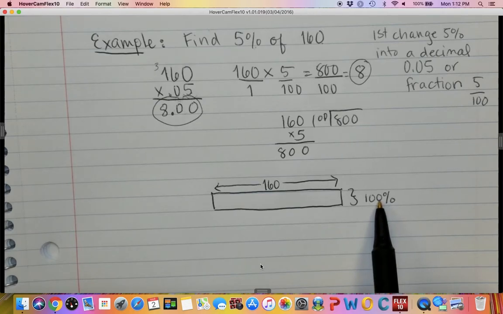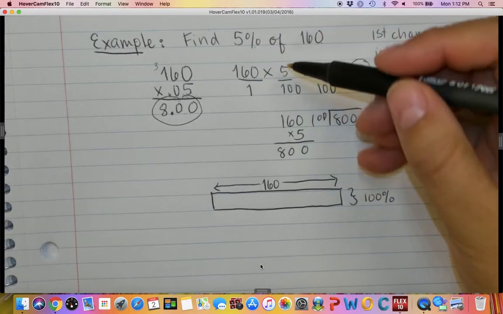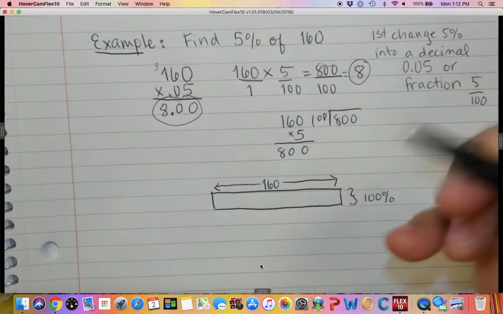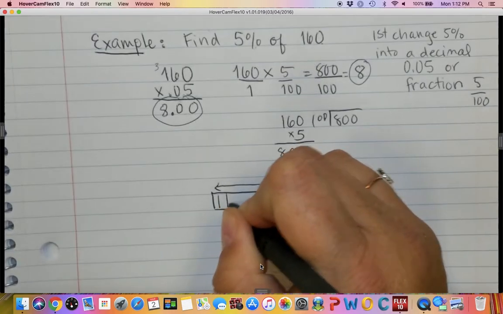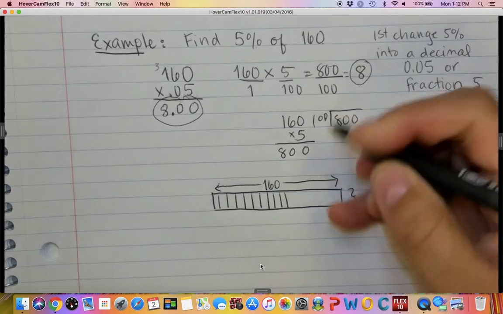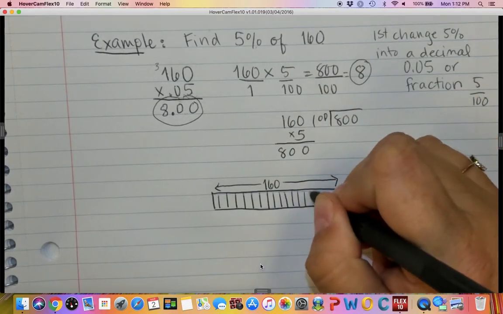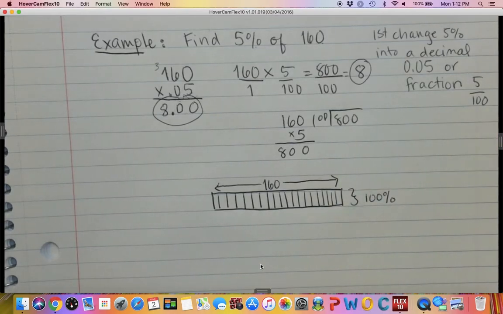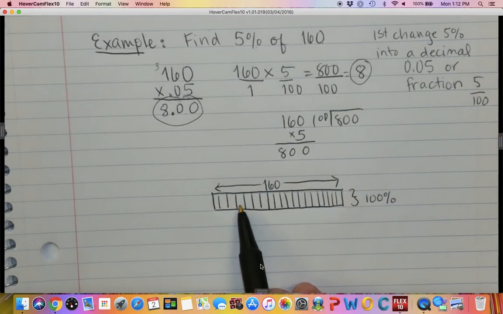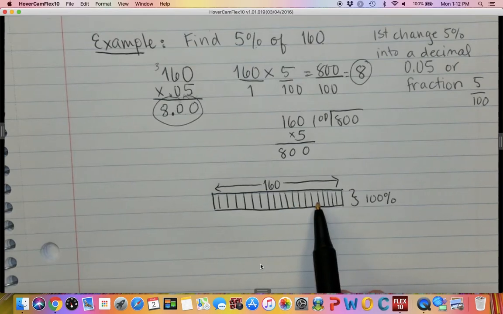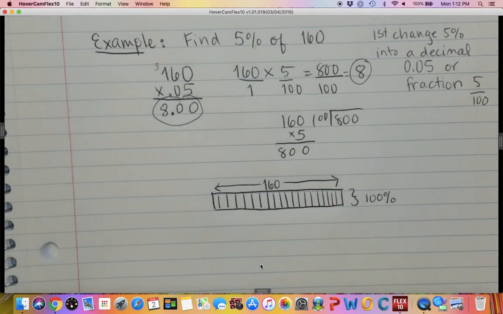And then I would have to find half of 10. So let's just do 5. There are 20 5s in 100, so I'm going to have 20 boxes. That should be 20. 1, 2, 3, 4, 5, 6, 7, 8, 10, 11, 12, 13, 14, 15, 16, 17, 18, 19, 20.